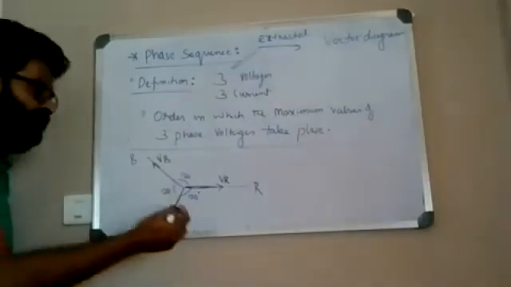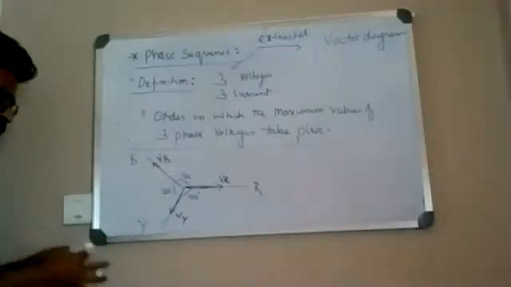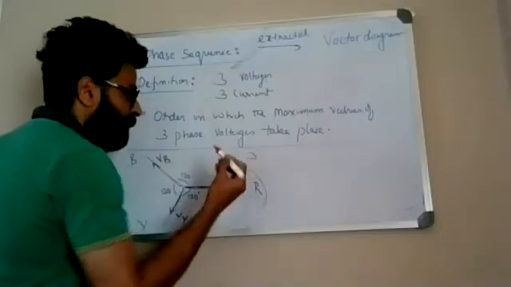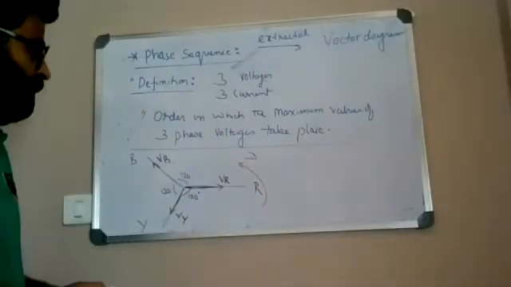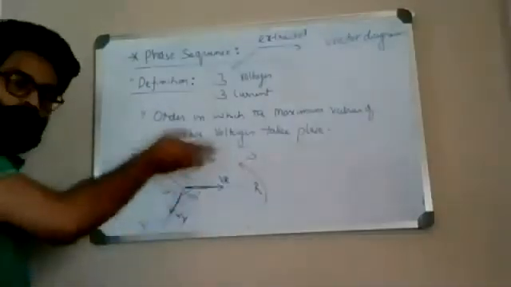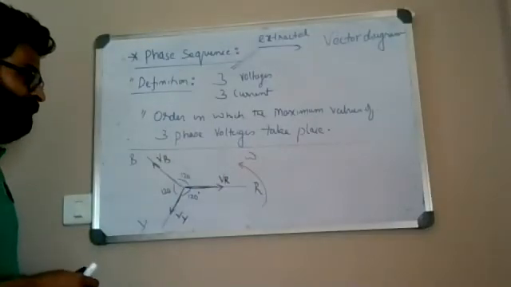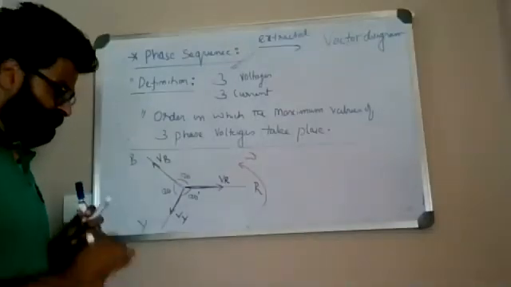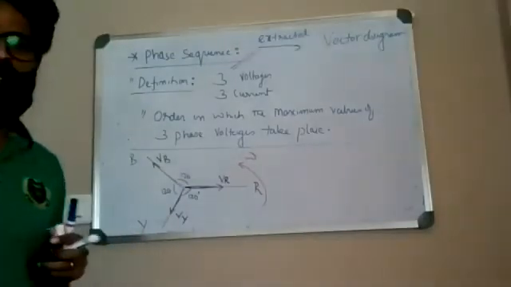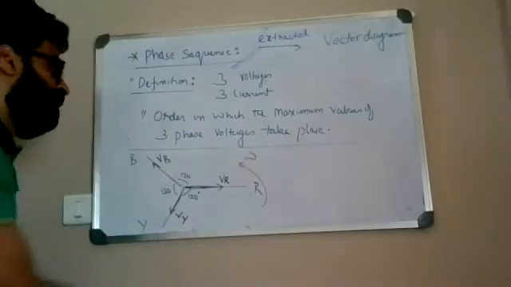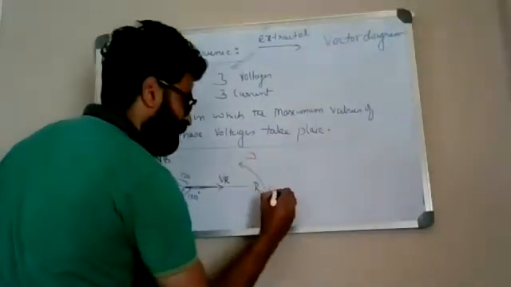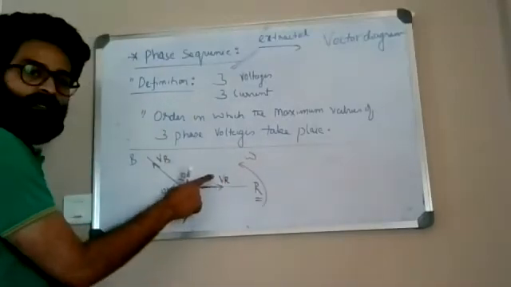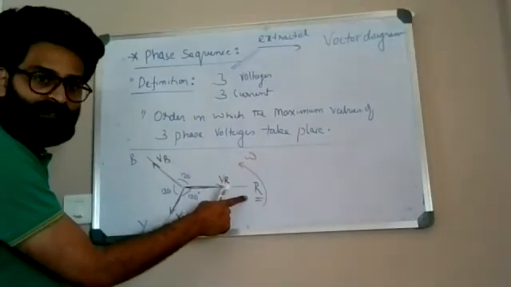Okay. And as usual, these vectors rotate with a constant angular frequency omega, in anti-clockwise direction. Okay. Now, you're talking about the rotation, right? So what happens when these vectors rotate at every time instant by an angle of 120 degrees. So let us consider the initial position.